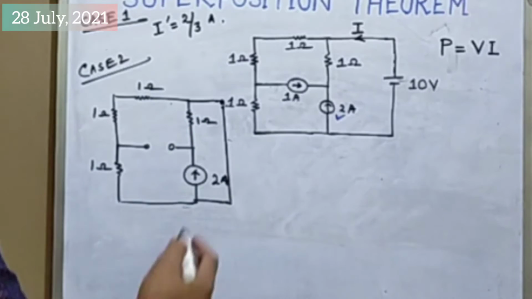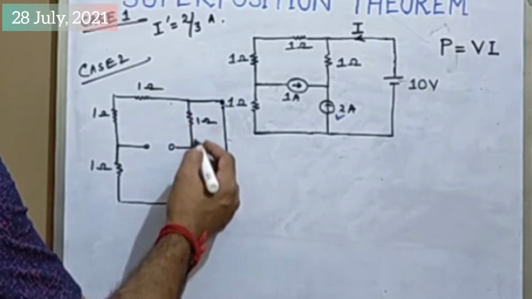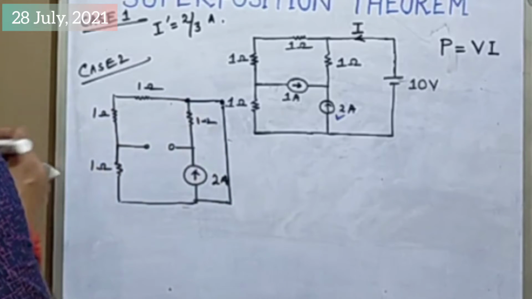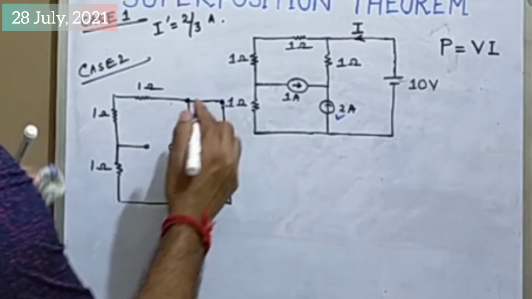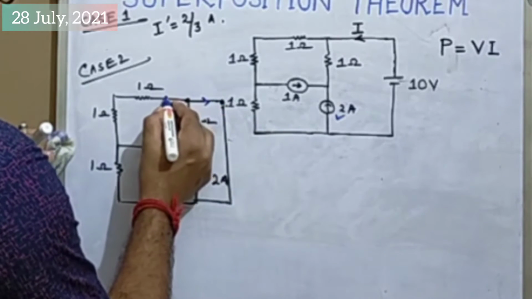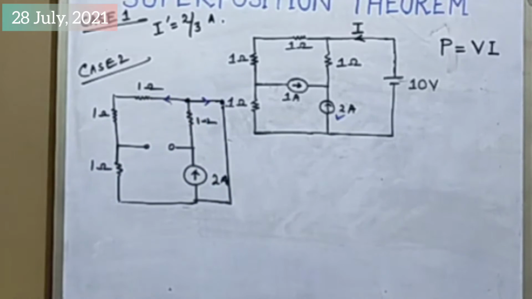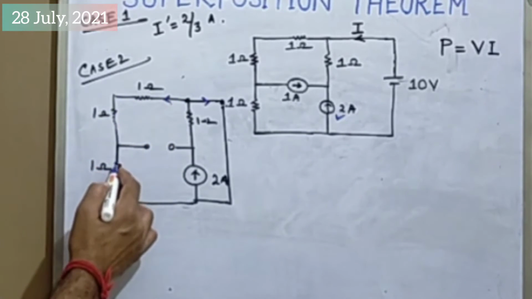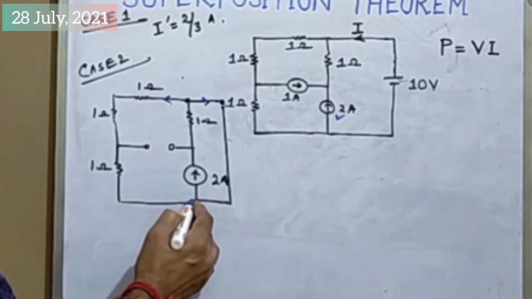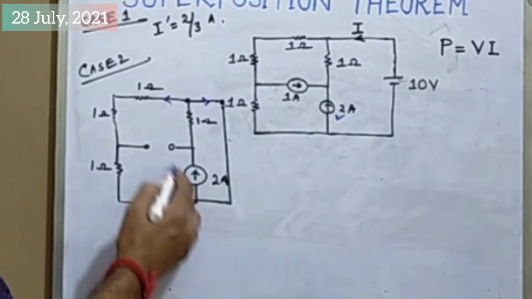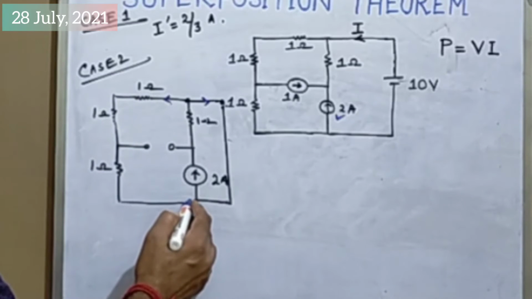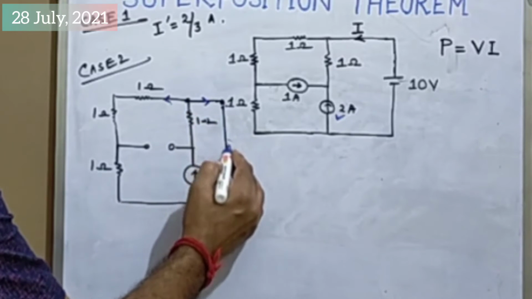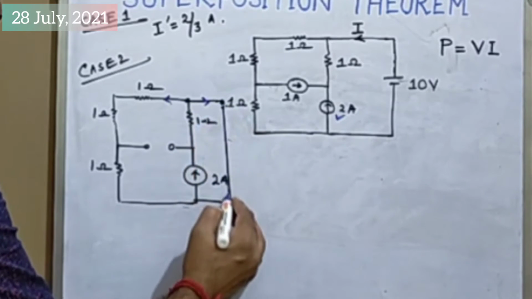Now 2 ampere current will be flowing through this 1 ohm. At this particular node, current will be divided. One part will flow in this direction, another part in this direction. In that case, 1 ohm, 1 ohm, 1 ohm, these three resistors will give you 3 ohm resistance. Whereas after this node, there is no impedance in this branch.